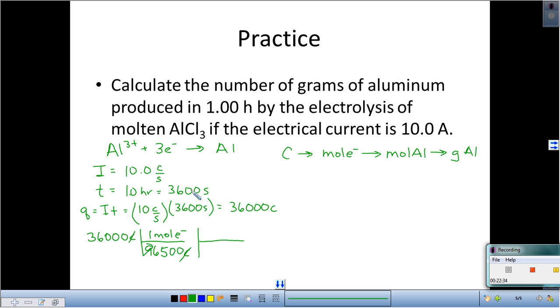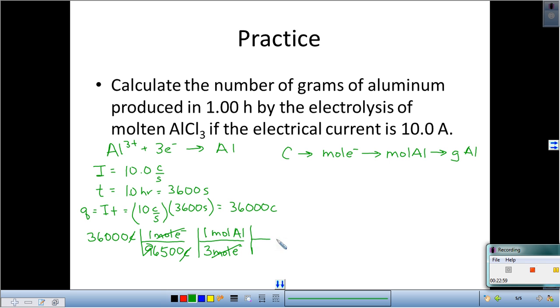Well, I know for every 3 moles of electrons, I get 1 mole of aluminum. Moles of electrons cancel out, and I'm left in moles of aluminum.